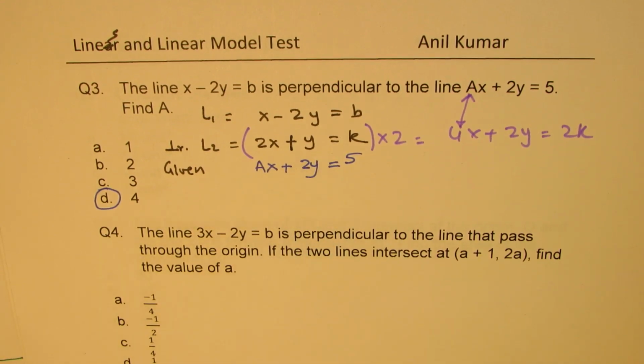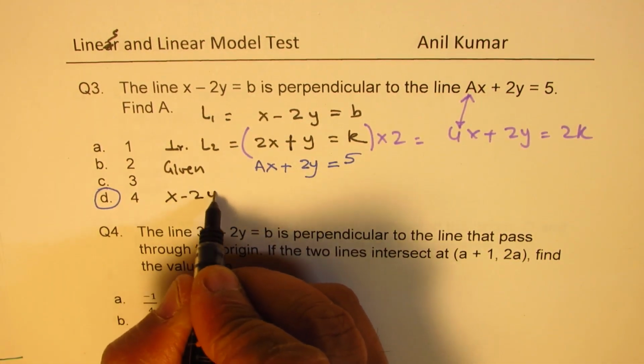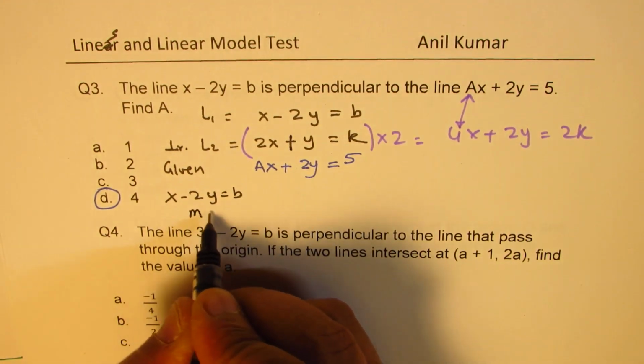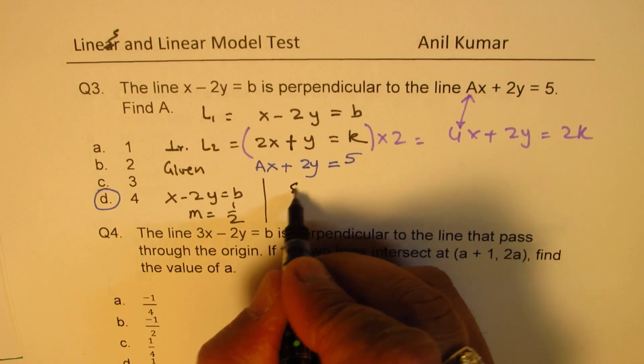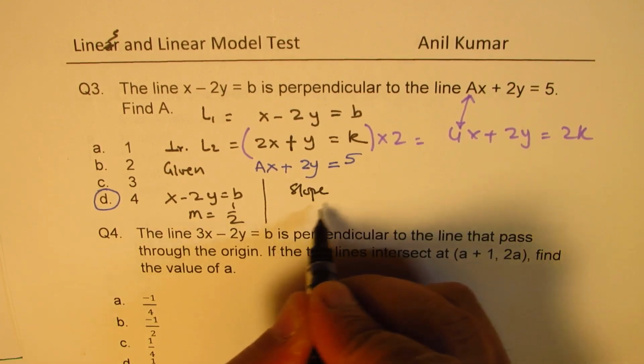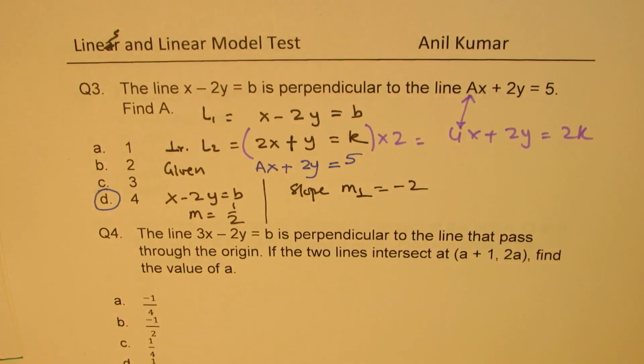The other way, of course, is that you can find the slope, right? So when you're given x minus 2y equals b, then the slope of this line is half, right? Now the slope of the perpendicular will be minus 2, correct?